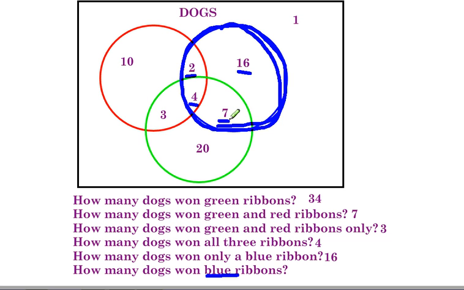Everything inside the blue circle won a blue ribbon. So that's 16, and 4 is 20, plus 2 is 22, plus 7 is 29. So a total of 29 dogs won a blue ribbon. I hope this video has helped you, and let's try taking that quiz again.